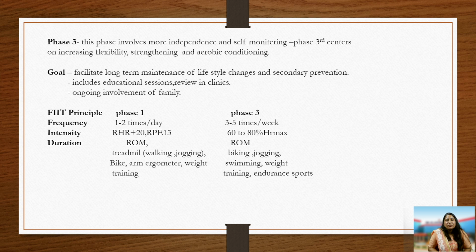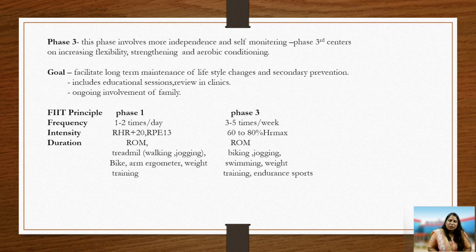Phase 3 involves more independence and self-monitoring. Phase 3 centers on increasing flexibility, strengthening and aerobic conditioning. The goals are to facilitate long-term maintenance of lifestyle changes and secondary prevention. It includes educational sessions, review in clinics, and ongoing involvement of family.